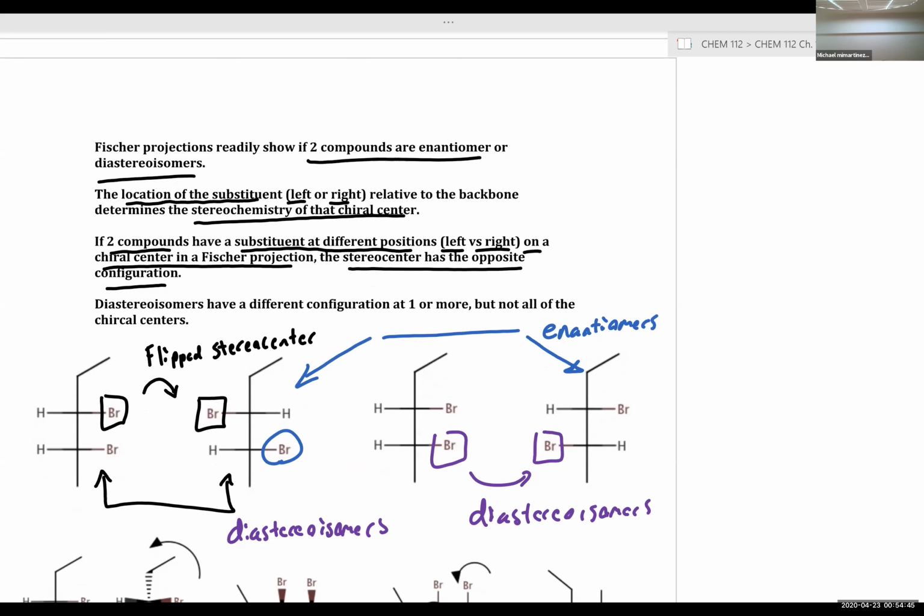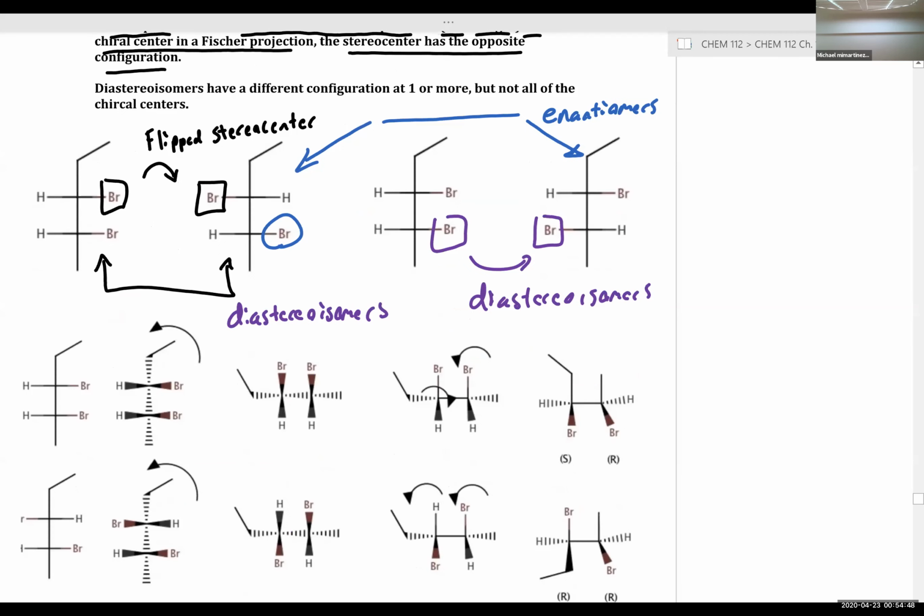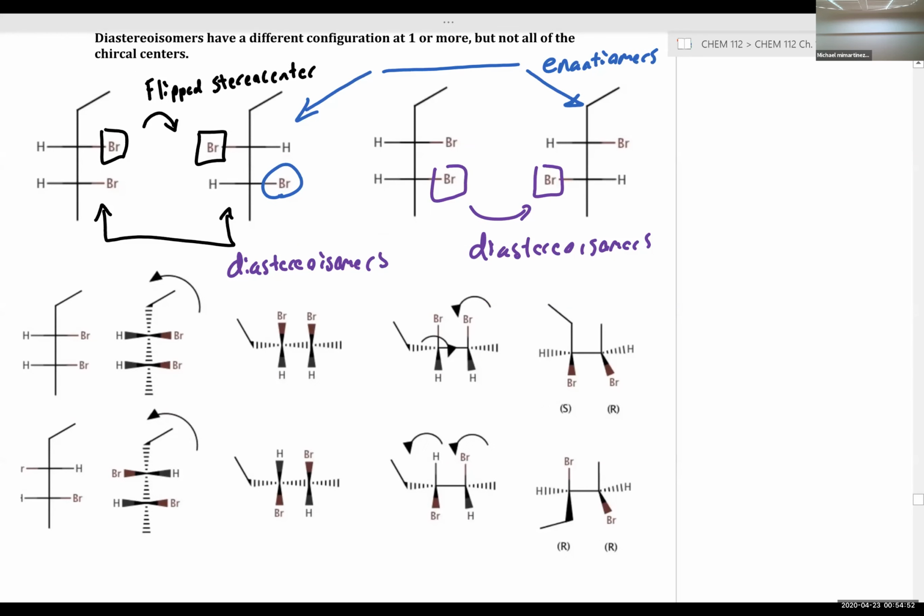Okay, so just to showcase some configurational analysis, I'm going to make a model of each of these structures. So let's start with our first structure right here. And let's make a model together of the following structure.